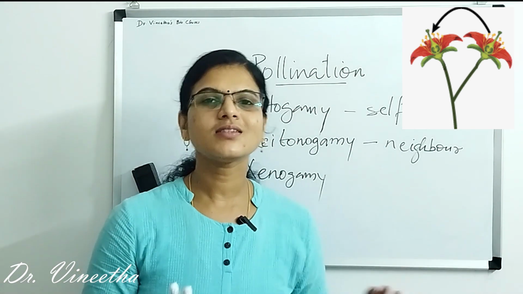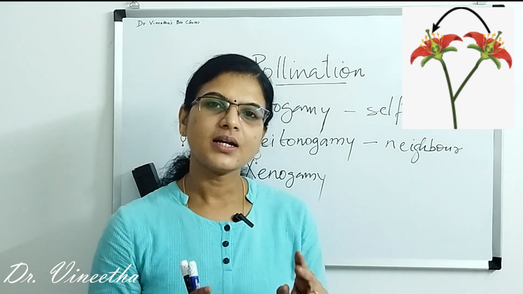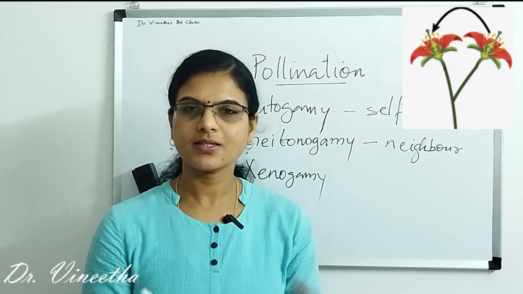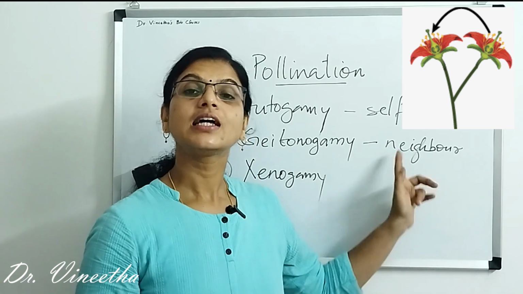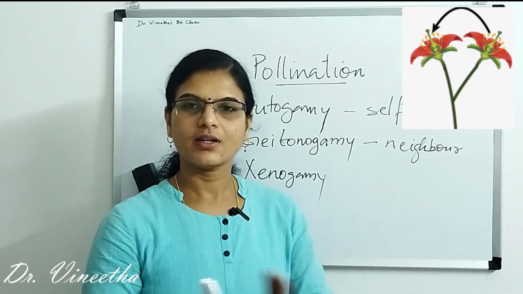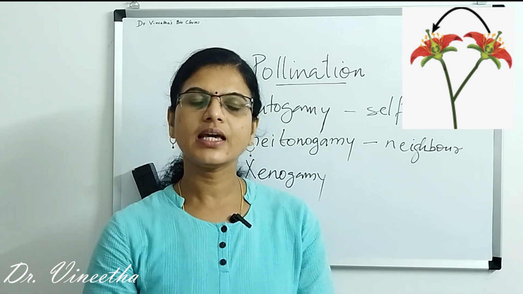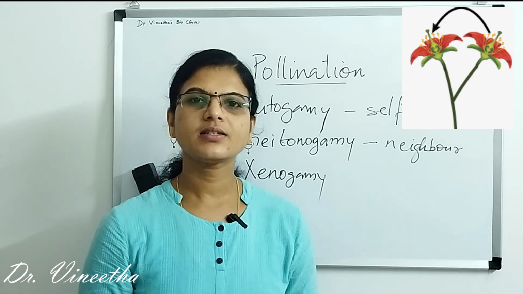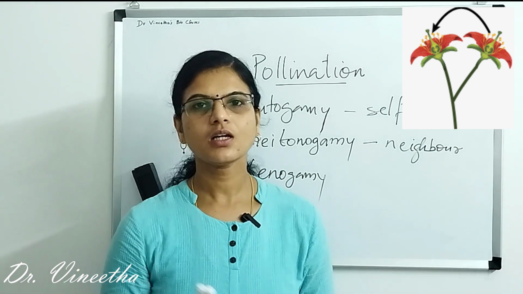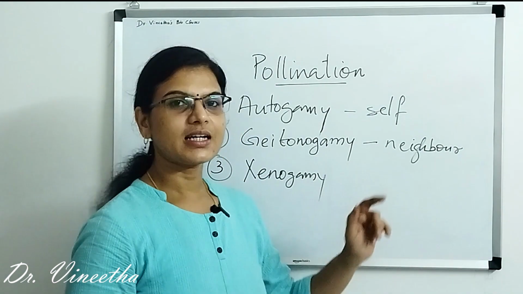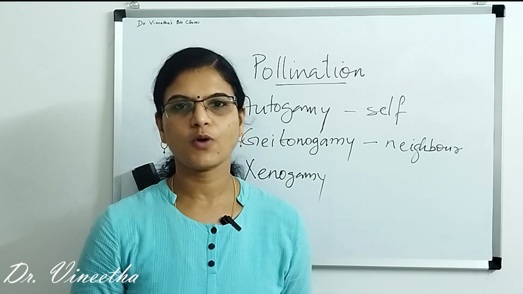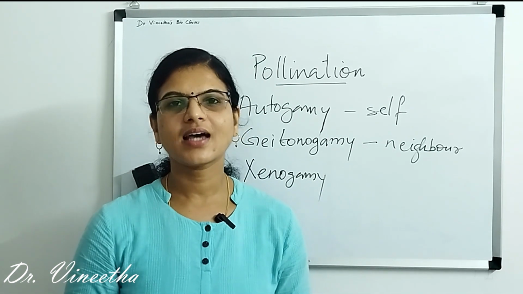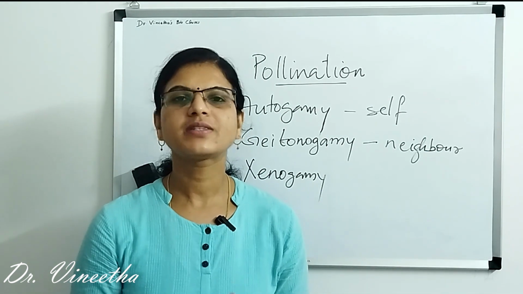That is known as Geitonogamy, the neighbor fertilization. It is pollinating with the neighborhood flower. The pollination in Geitonogamy is cross-pollination, and it requires an agent which helps in the pollination.